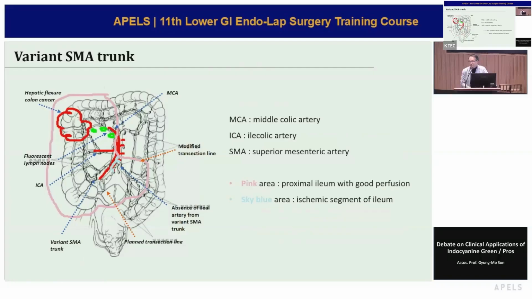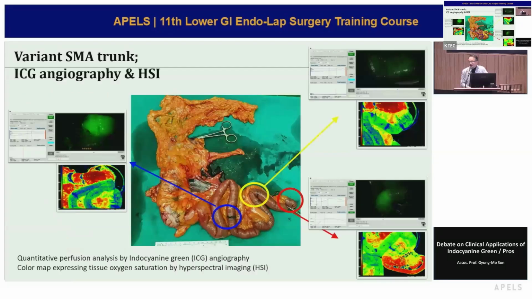This is another case of right hemicolectomy. Actually, this patient had an SMA trunk anomaly. The terminal branch of the SMA and the ileocolic artery are combined and make a single trunk. So when I ligated the ileocolic artery, the patient had ischemic change of the small bowel, almost 60 centimeters from the IC valve.